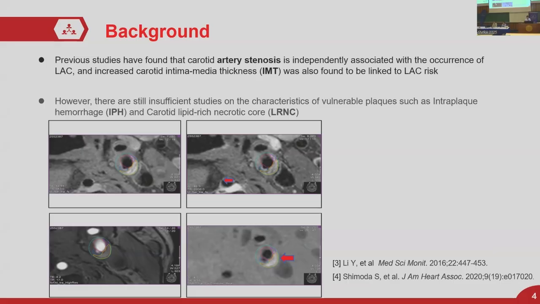So this study aims to explore the association between the characteristics of carotid arterial plaque components and lacunar infarction, and conduct a subgroup analysis based on the severity of lacunar infarction.